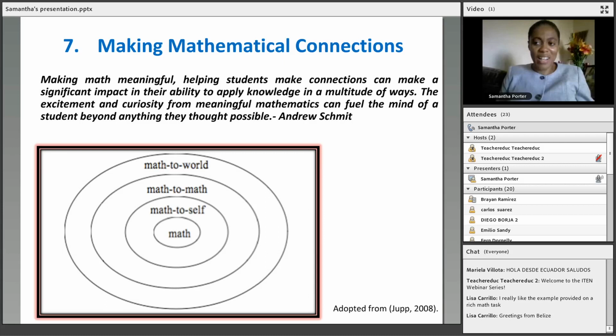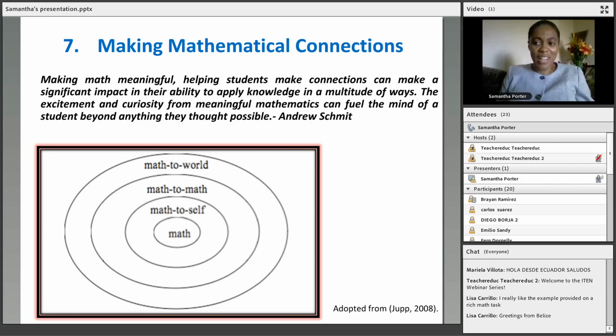Maths to maths connection has students thinking about how the strands or the courses or the different concepts within the mathematics itself are related, how problems or situations are similar, and how connections can also help them understand how concepts and procedures are related. And there is also maths to self connection.